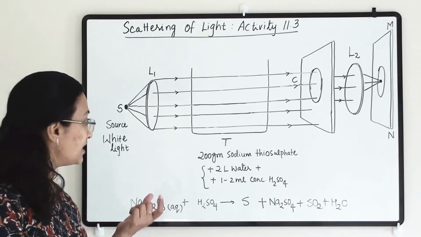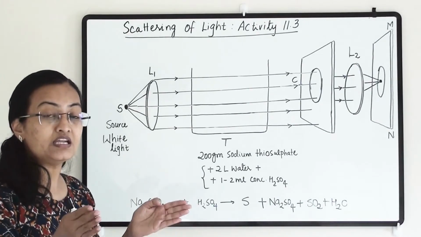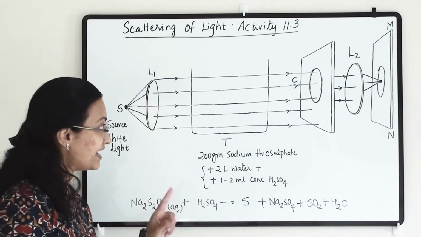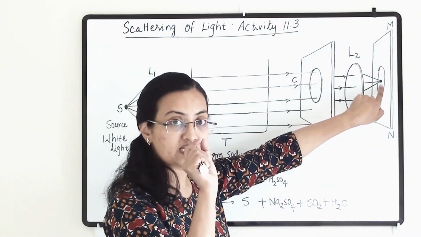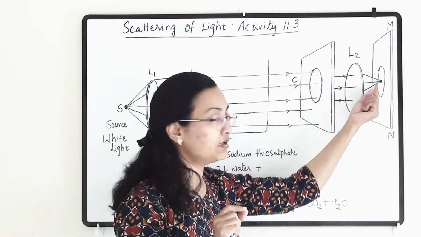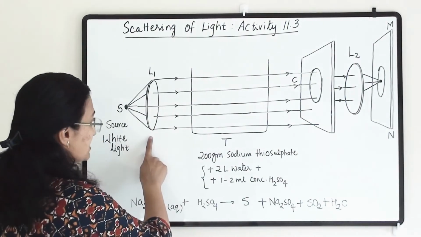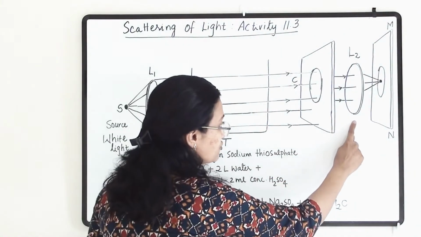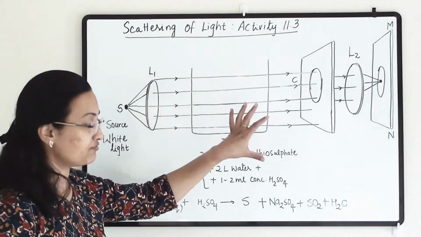And we require converging action here, that means it needs to collect all the rays, and at the end of the activity we will be able to get a point-size image, or one point where we can see the color of the light. So these two lenses we have taken. This is lens 1 and this is lens 2. Both are converging convex lenses which will give us a converging effect.